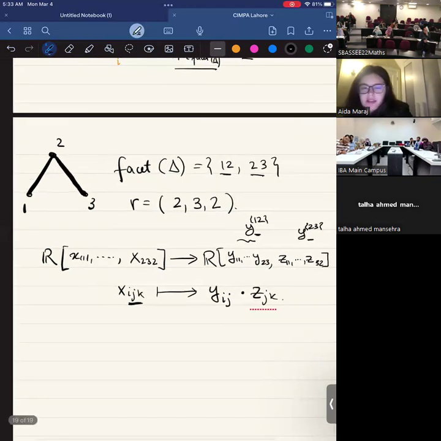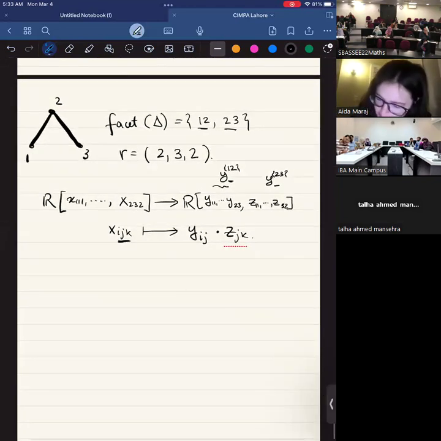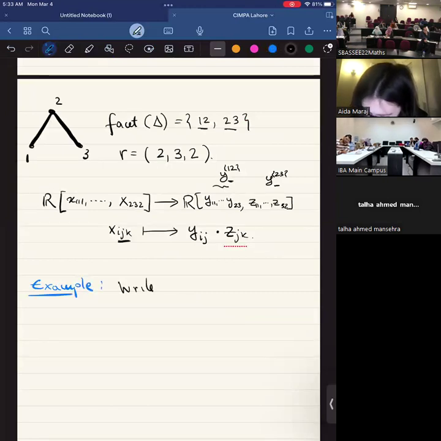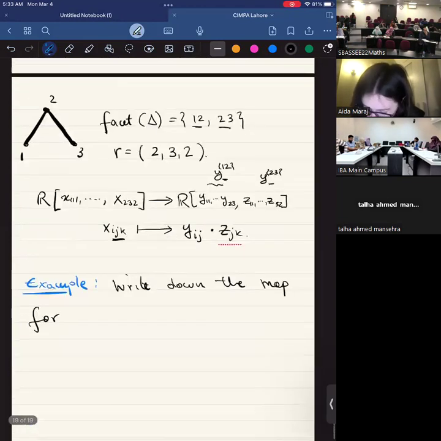Okay. So maybe, as we have a break soon, during the break one can try to write down the map for what I'm going to call figure 1.